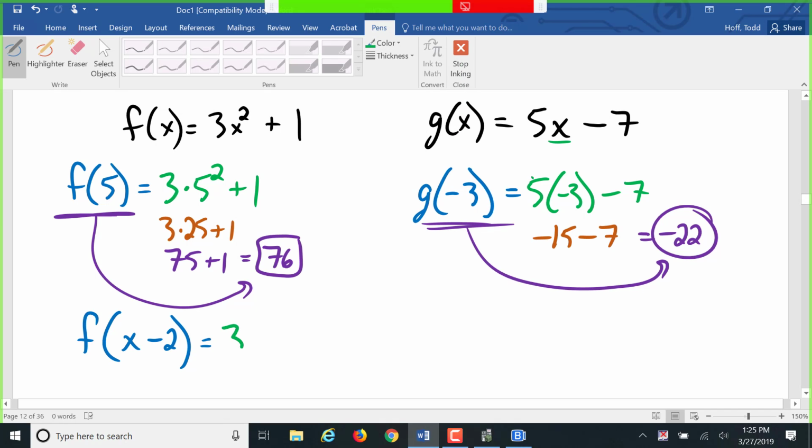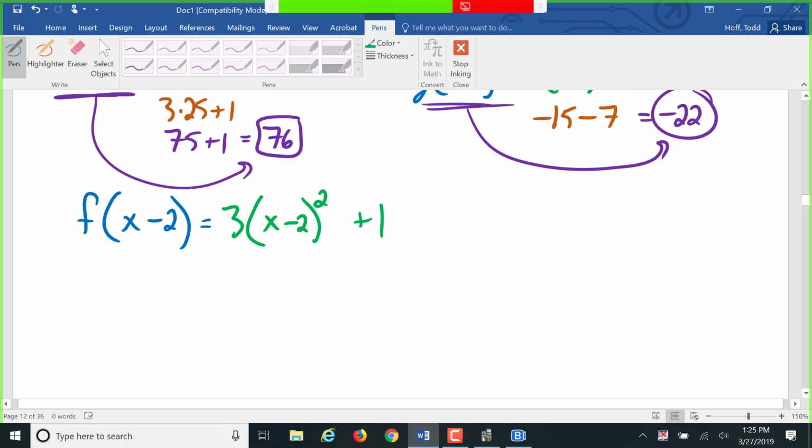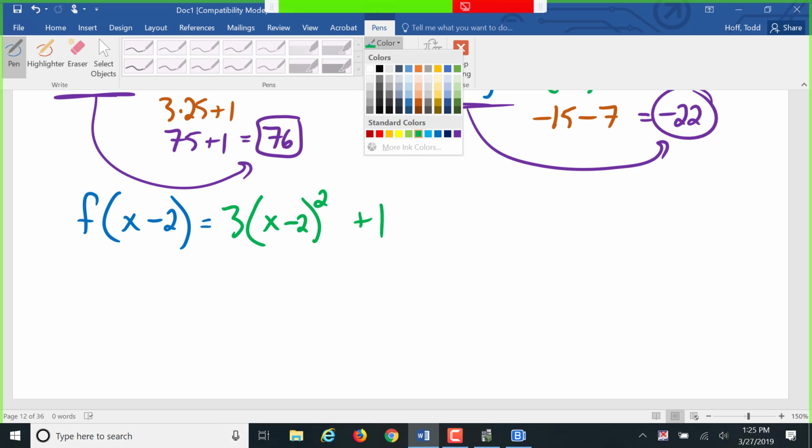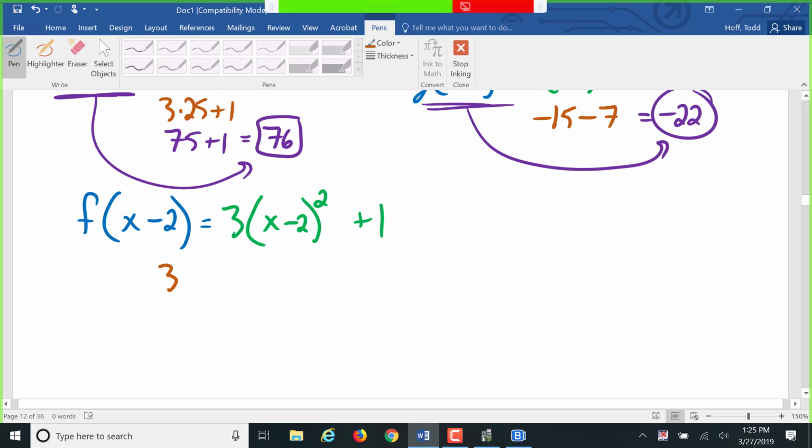So 3 times x squared becomes 3 times x minus 2 squared plus 1. x minus 2 squared is x squared minus 4x plus 4, if we multiplied that all out, x minus 2 times x minus 2. Of course, we still have the plus 1.